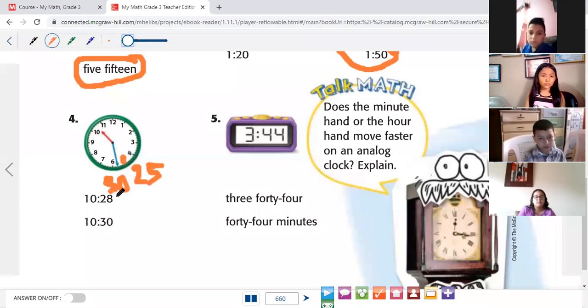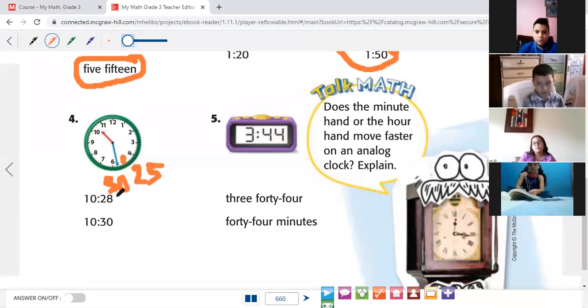I repeat, the little lines in between the numbers tell 1 minute. So Brianna counted like this: 25, 26, 27, 28. Do you understand? So the answer is 10:28. Okay, good job, Brianna.